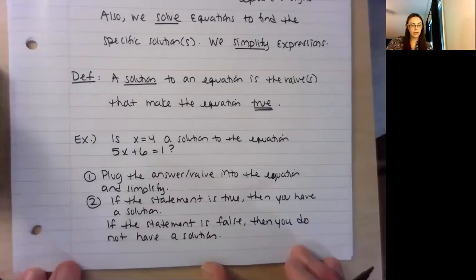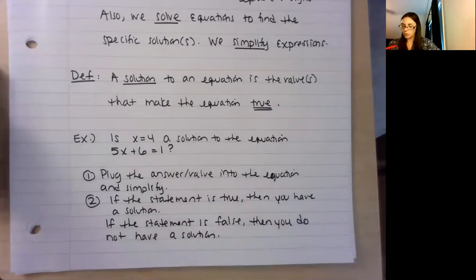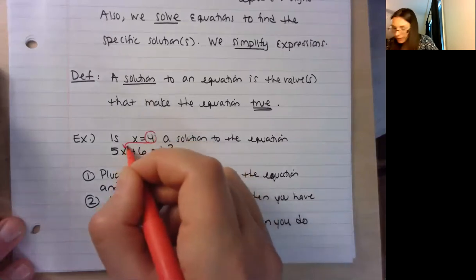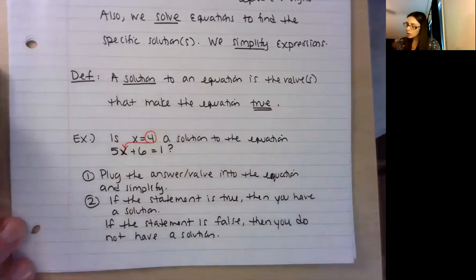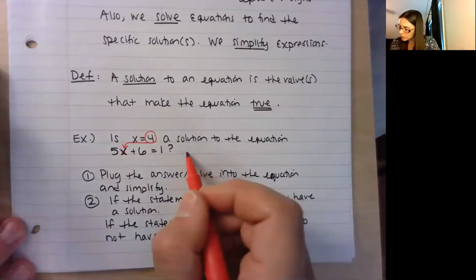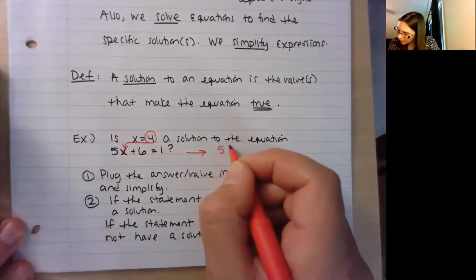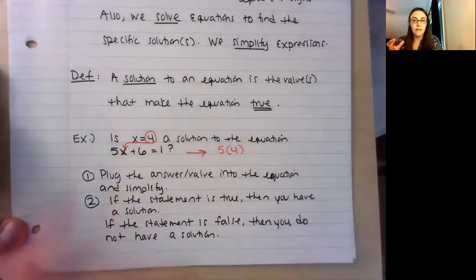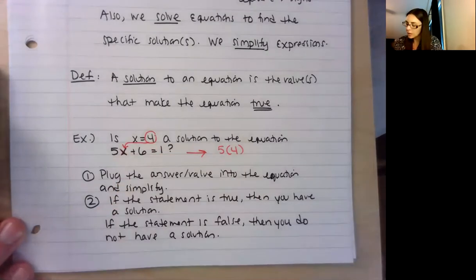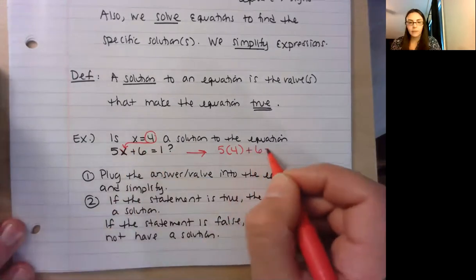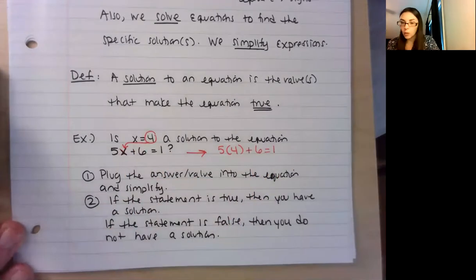So let's do the example here. We're going to take this value of 4 and replace it in the x. I'm going to do this up above so we can see it. So I have 5 and I'm plugging in 4, just like we did with evaluating. So we're really evaluating here. Plugging in that 4, plus 6 equals 1. Then I'm going to simplify using order of operations.